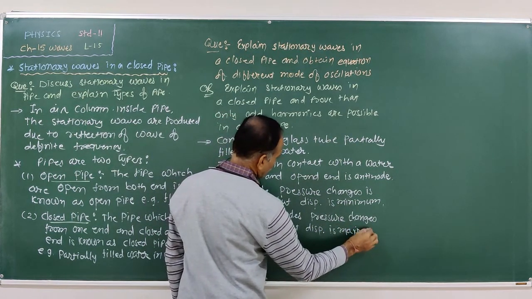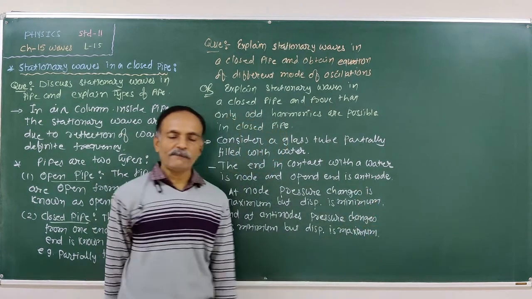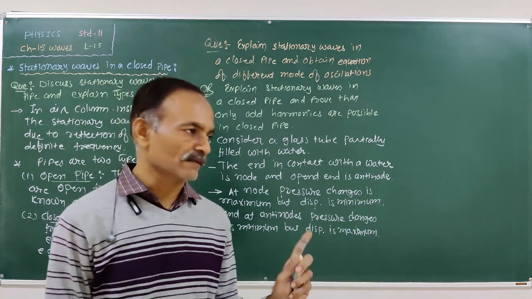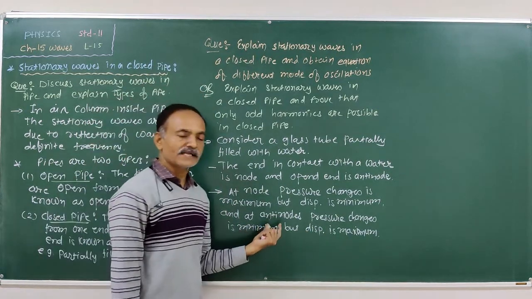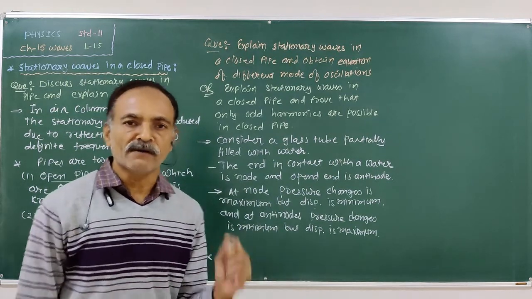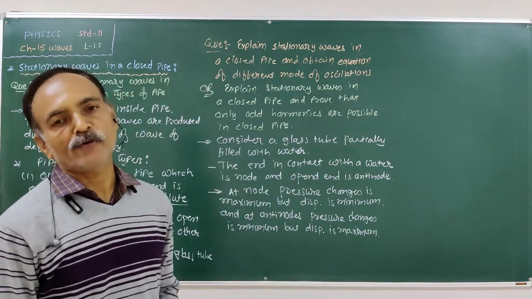Because from the definition of an antinode we already know that the point at which the amplitude is maximum is known as an antinode, and the point at which the displacement is zero or minimum is a node.